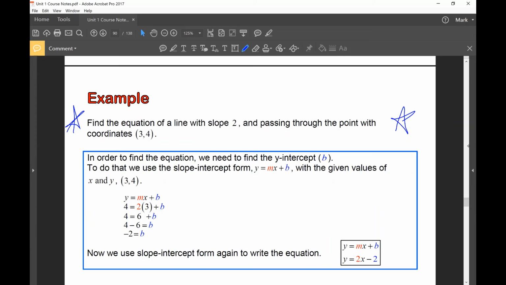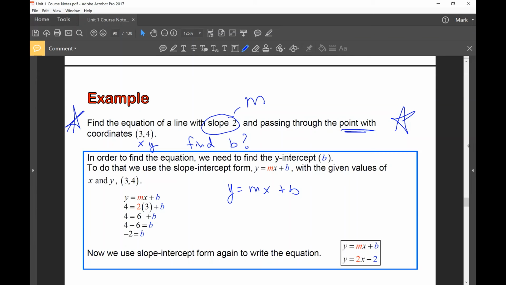Remember, your equation is y equals mx plus b. Now, I'm telling you the m, and I'm also telling you the x and y. In order to solve this equation, I need to find b.